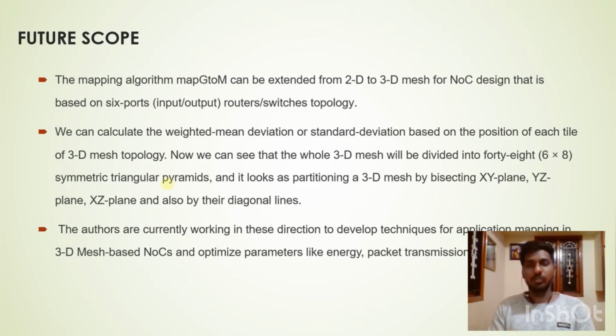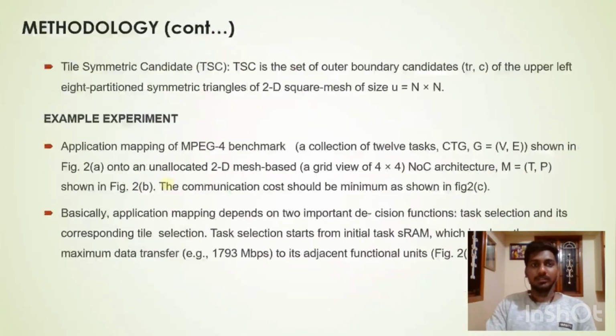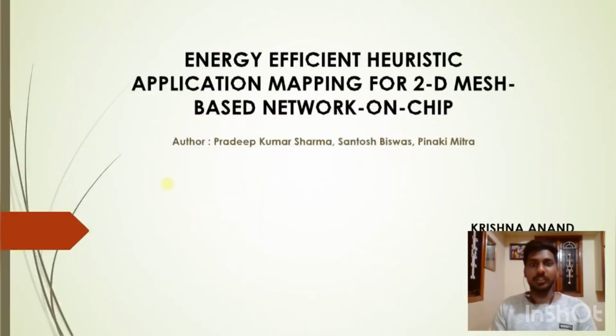Because the shorter path from one core to another core must be reduced in a 3D, because 3D has more mapping options than 2D. So, if you guys are very interested in that, then please refer to this paper. This will be very helpful to you guys.